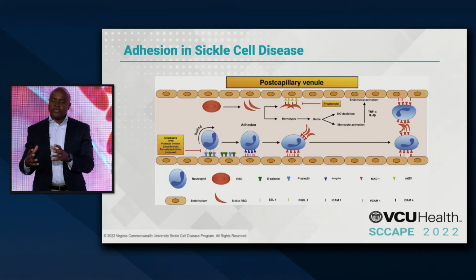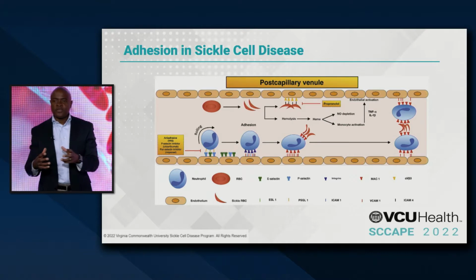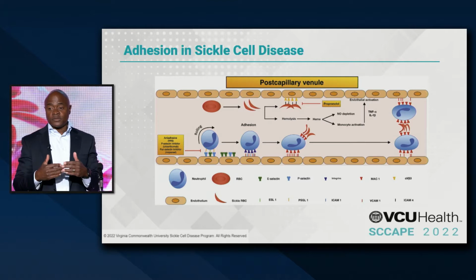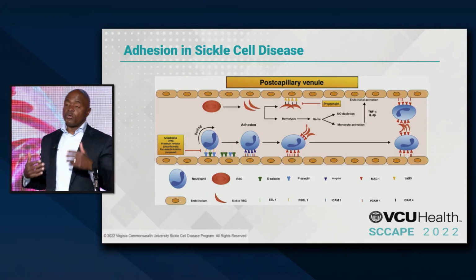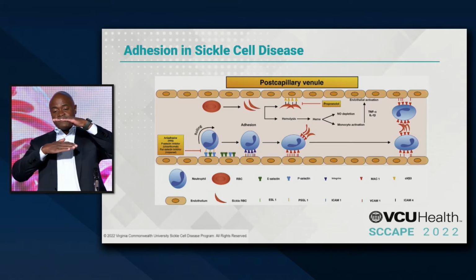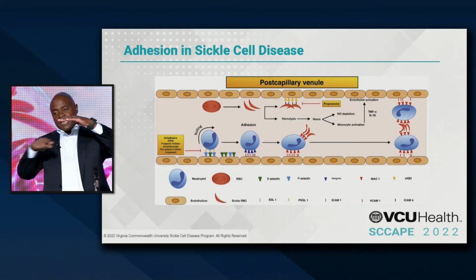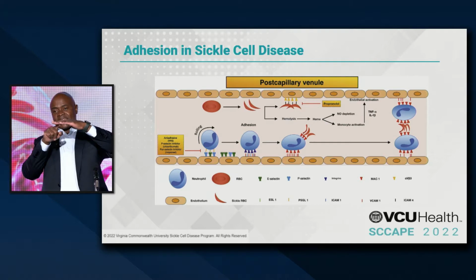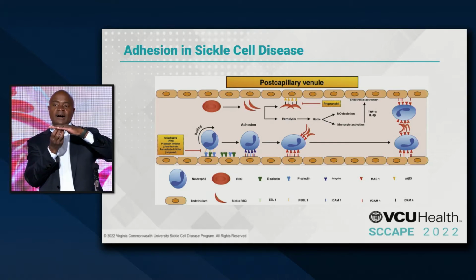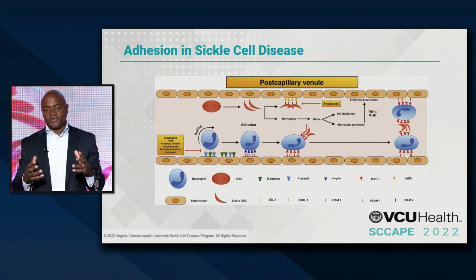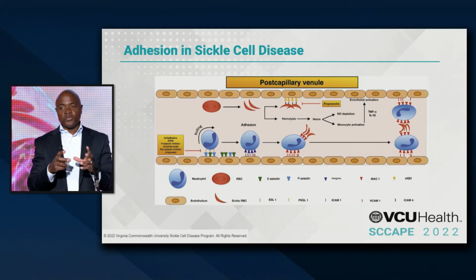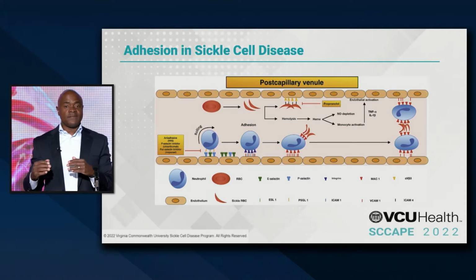And so they will stick to the inside of the blood wall. So if you can imagine, here is the blood vessel, and there's all this blood, red cells flowing through, the red cells begin to stick to the inside of the blood vessel. And not only that, but the red cells begin to stick to the other cells in the blood vessel.